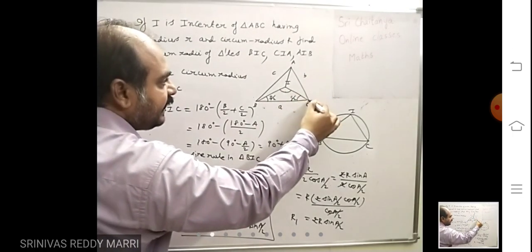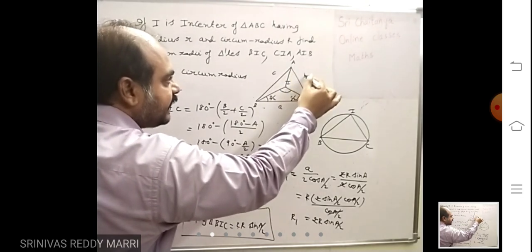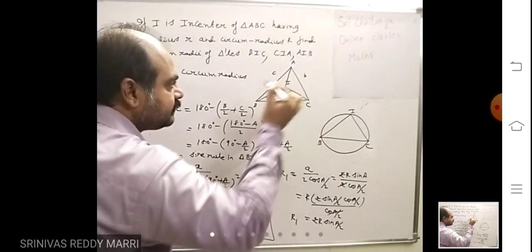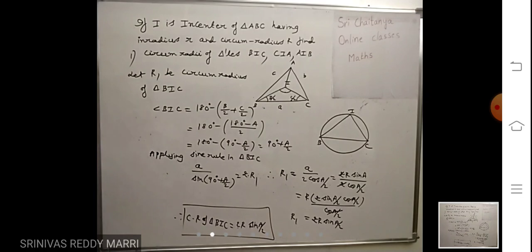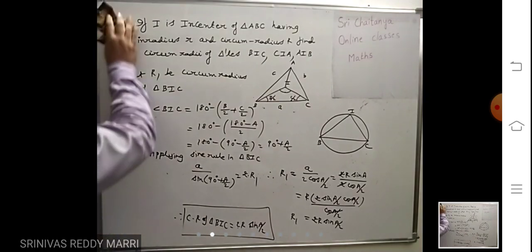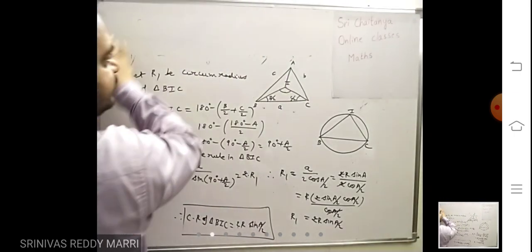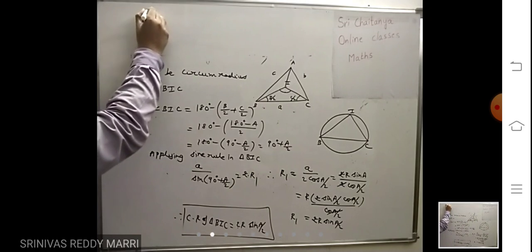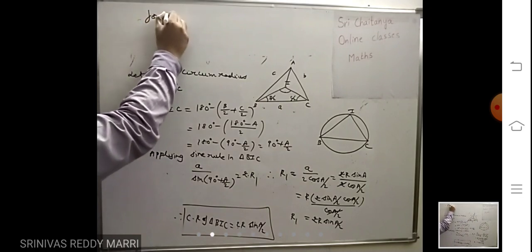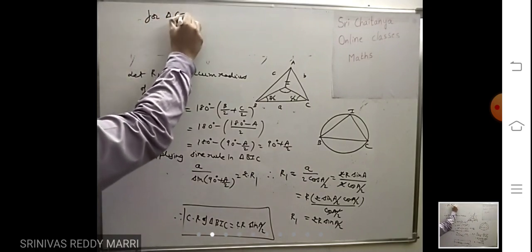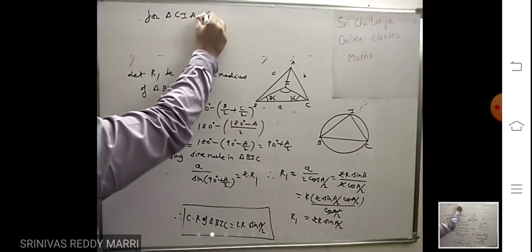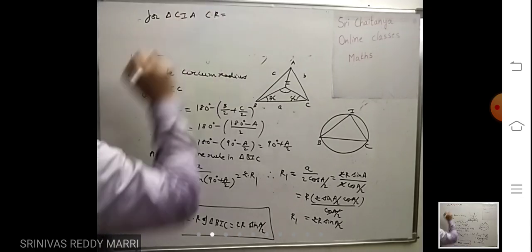Similarly, for triangle CIA you can apply the sine rule: side divided by sine of the opposite angle. Similarly, you will get for triangle CIA the circumradius 2R sin B by 2.